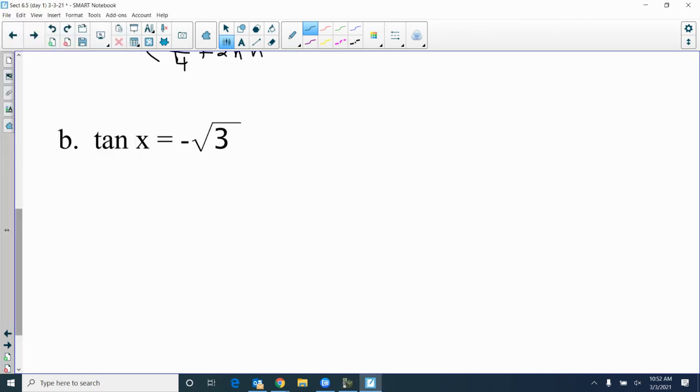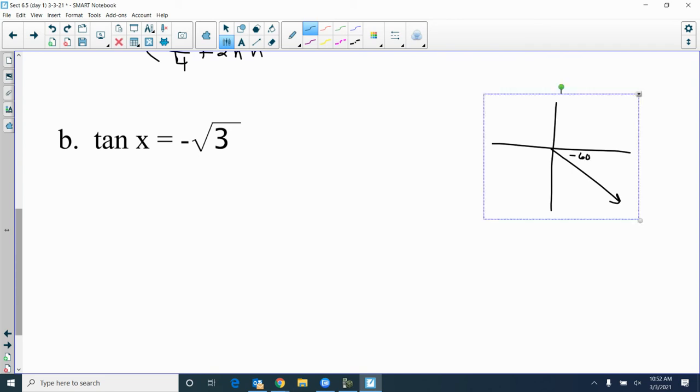So that's in quadrant 4. But that's the same as 300 degrees. There's another angle between 0 and 360 that also works. What is that other angle? 120. It's got to be in quadrant 2. It has to have a reference angle of 60 degrees. It would be 120.